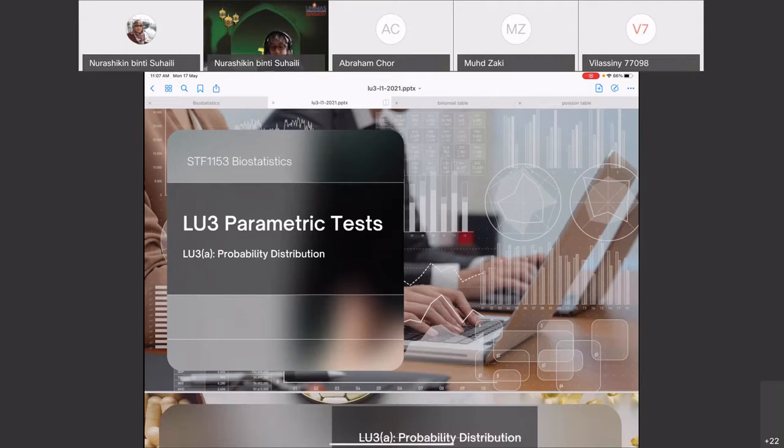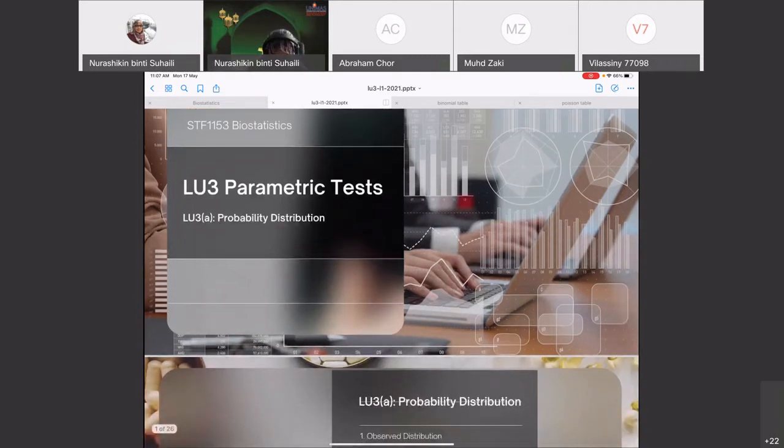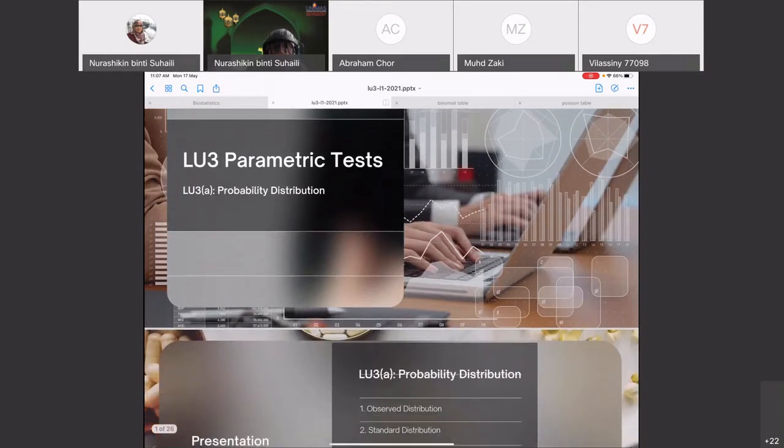We can assume the distribution based on certain types of distribution. That is parametric data. So we are going to see how to analyze parametric data. In LU3, we are going to cover a few types of tests designed for analyzing parametric data.